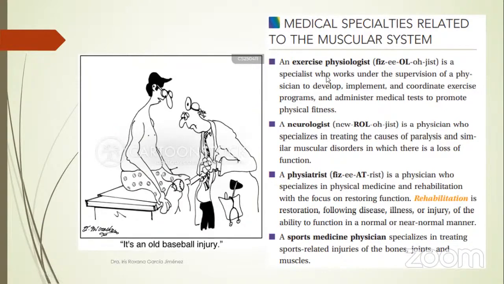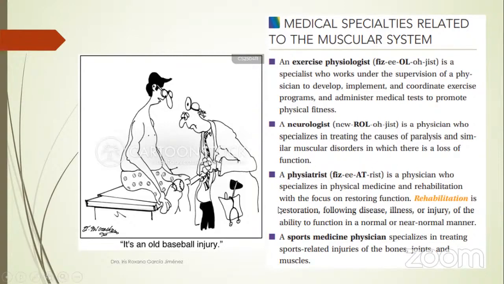For example, we have the exercise physiologist, the specialist who works under supervision of a physician to develop, implement, and coordinate exercise programs and administer medical tests to promote physical fitness. Interesting, right? Common: a neurologist, a physician who specializes in treating the causes of paralysis and similar muscular disorders in which there is a loss of function.